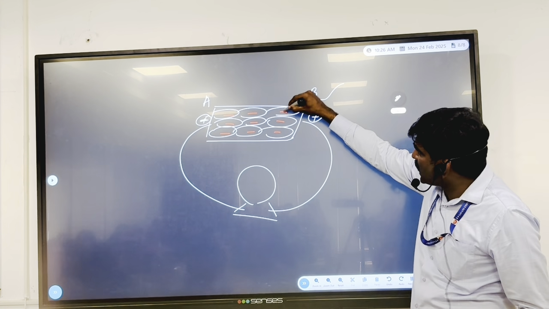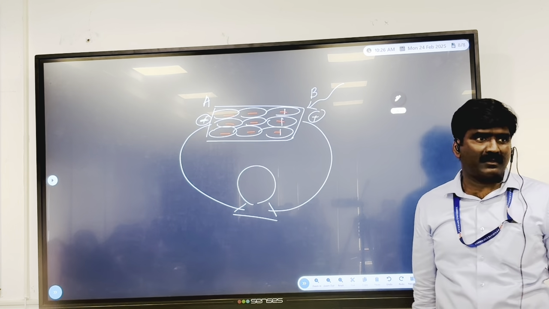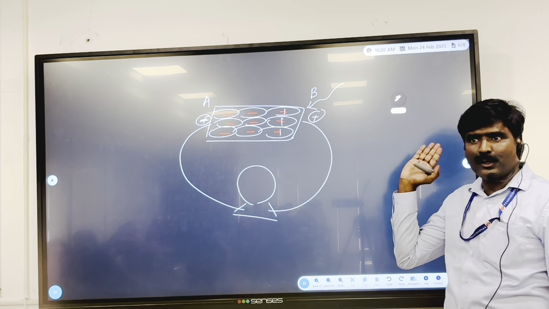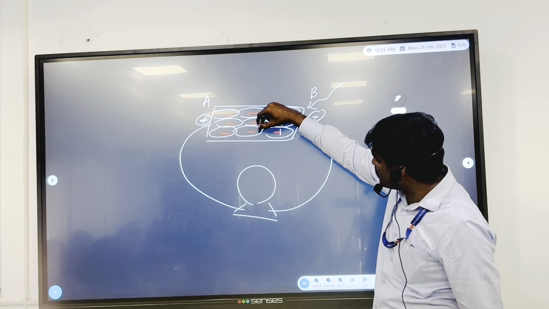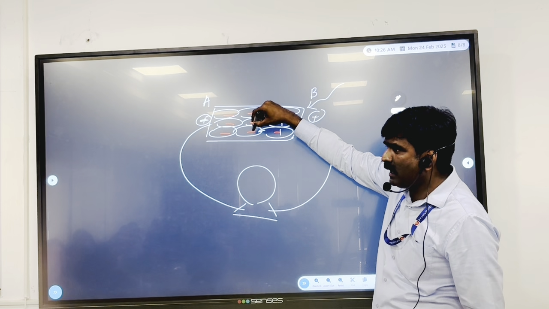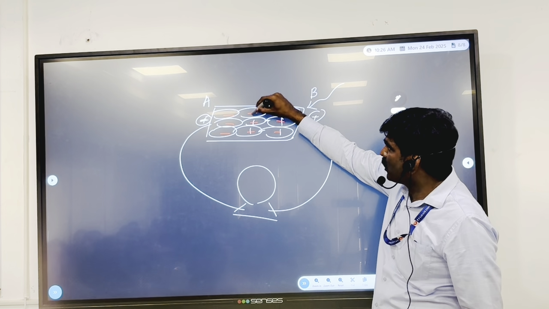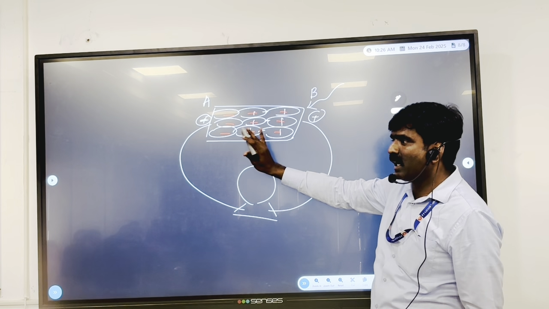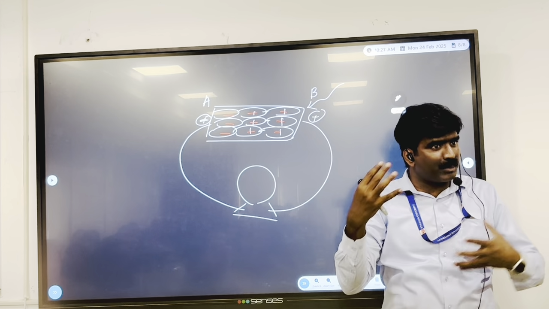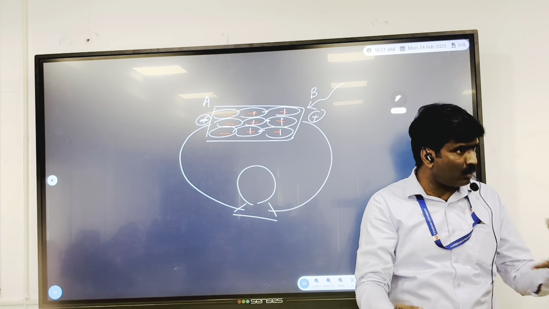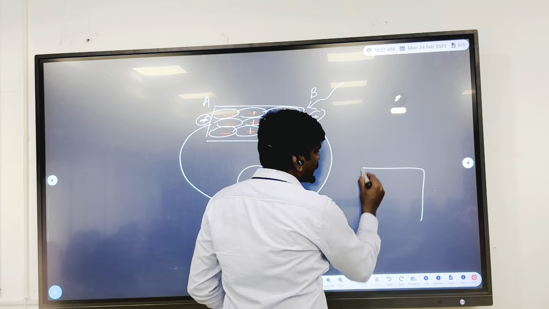So now this cell will become positive, and through the gap junction, some sodium will enter and this cell will be depolarized. Actually I am making it positive, but inside the cell you know what is happening.